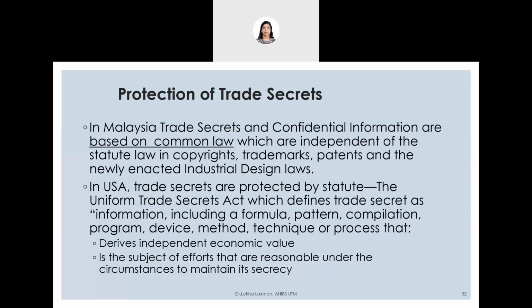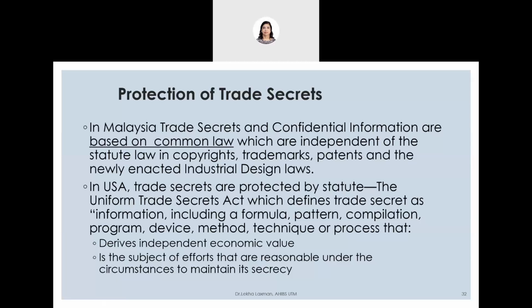All right. So there is no specific statute or act that actually regulates trade secrets and confidential information, right? And therefore you can see that it is actually just case law based.